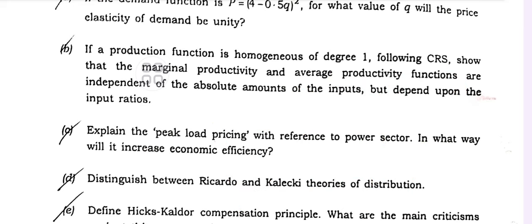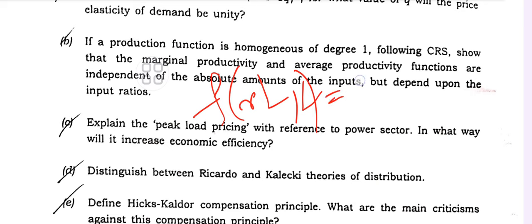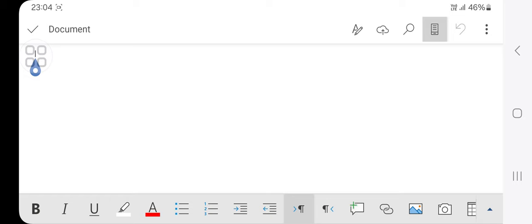We know the homogeneous property is F(λK, λL) equals λ F(K, L). So we go for the marginal productivity of capital. Using the homogeneity property, the marginal productivity of capital is what?